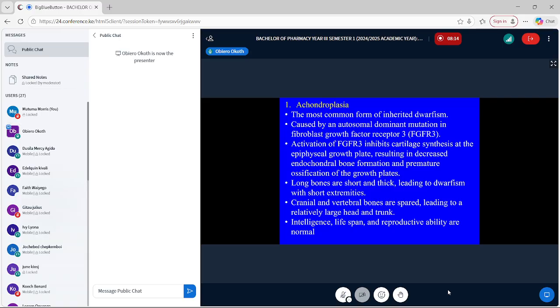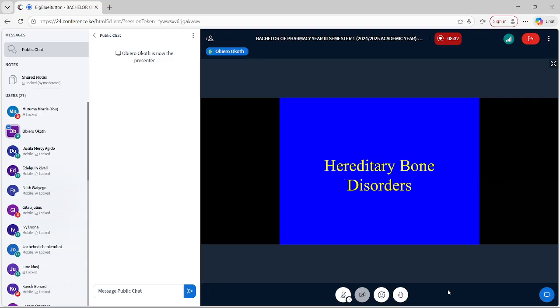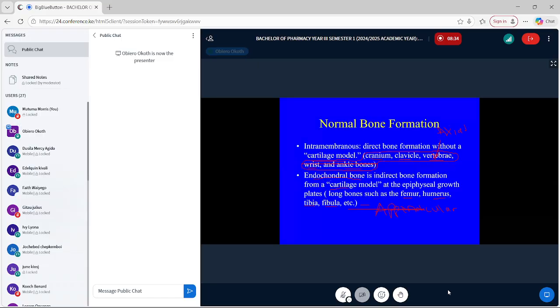It's an autosomal dominant mutation caused by gain of function of fibroblast growth factor receptor 3. When you activate fibroblast growth factor receptor 3, it inhibits cartilage synthesis. This is the cartilage that you need to make the bone, this part here. So this cartilage is not formed.